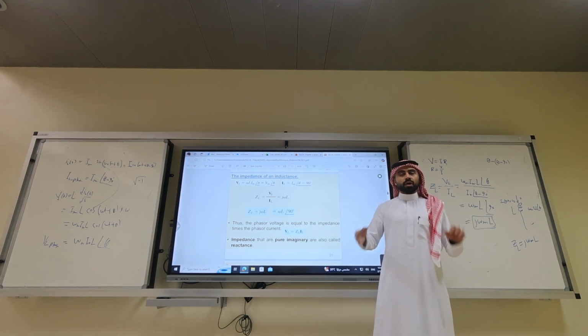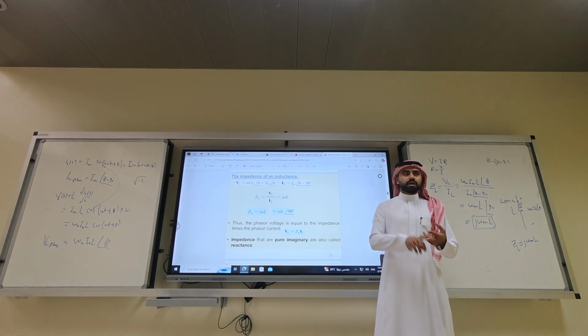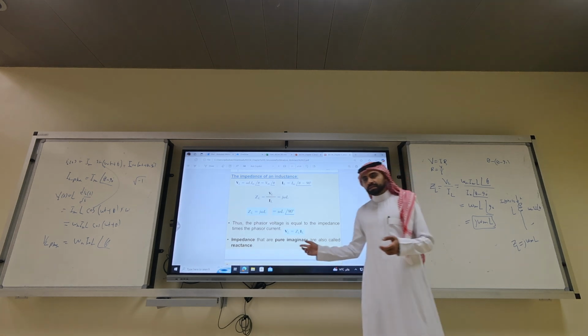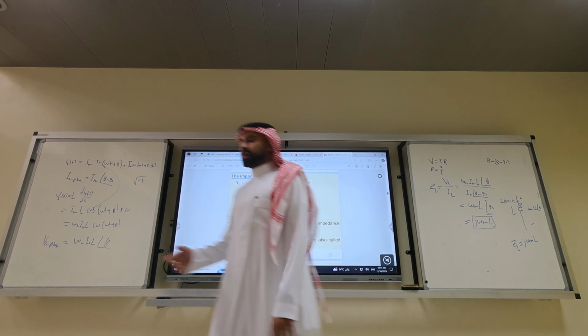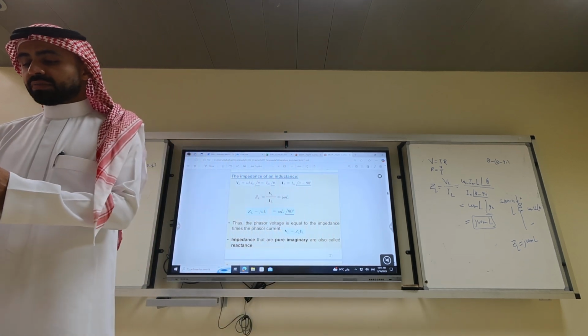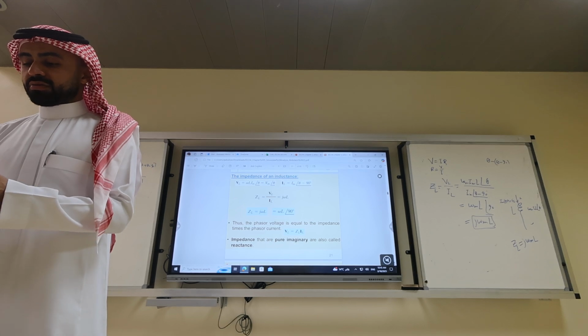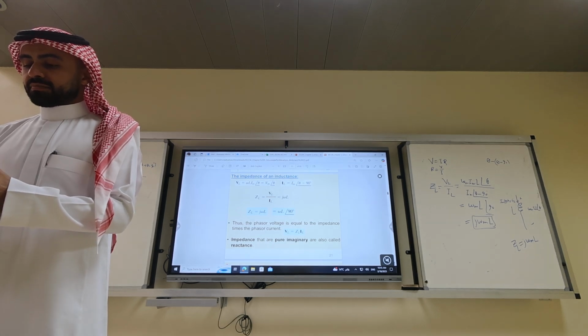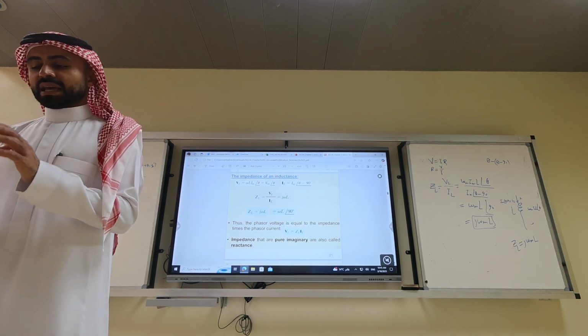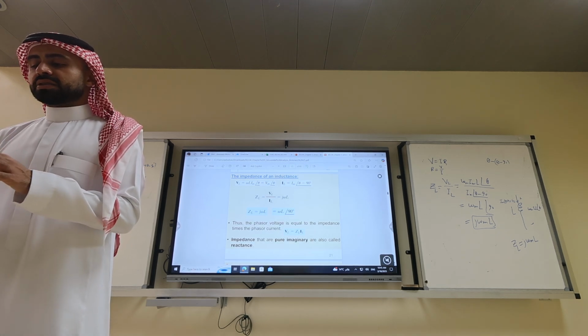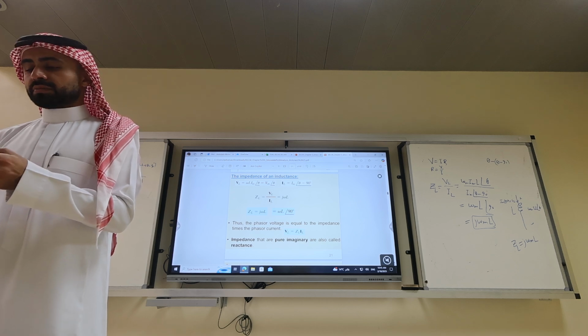The impedance for the inductor will mean the capacitor. Reactance, I don't know what it's called in Arabic. I'm interested, what's reactance in Arabic? It has a name. It's usually Syrian engineers who come up with those names.